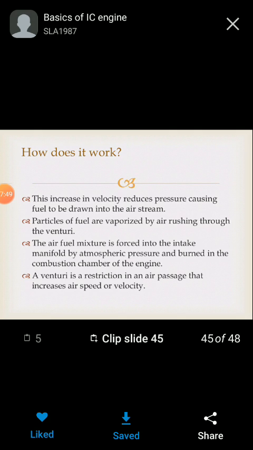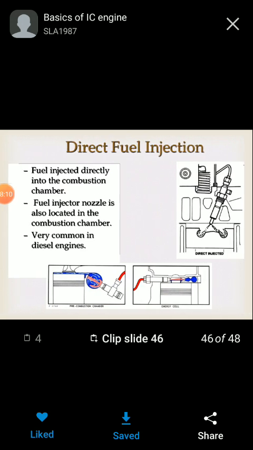The particles of fuel are vaporized by air rushing through the venturi. The air-fuel mixture is forced into the intake manifold by atmospheric pressure and burned in the combustion chamber of the engine. A venturi is a restriction in an air passage that increases the air speed or velocity.